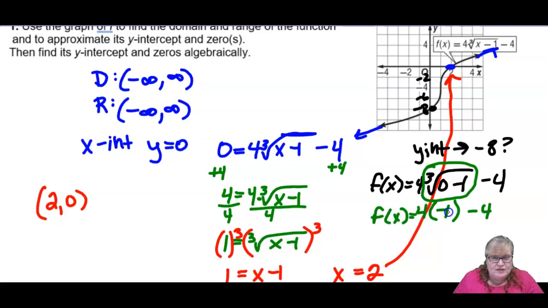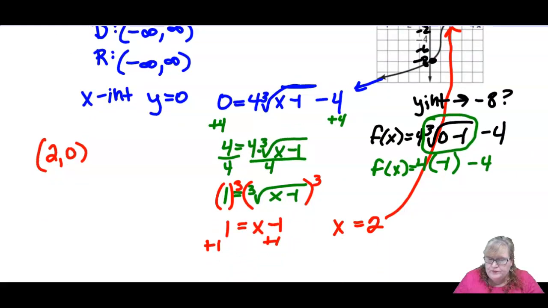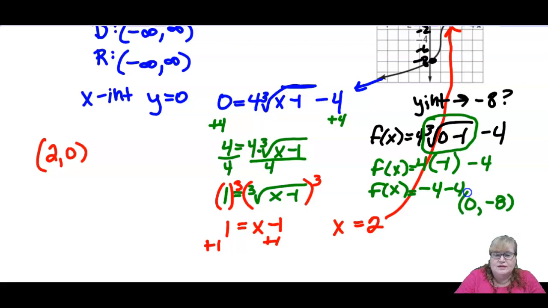And 4 times -1 would be -4, minus 4 would be -8. So when we plugged in a 0, we got out a -8. So we proved that algebraically. All right.